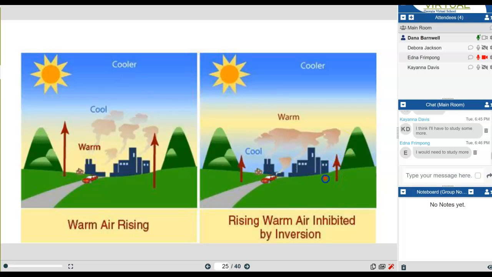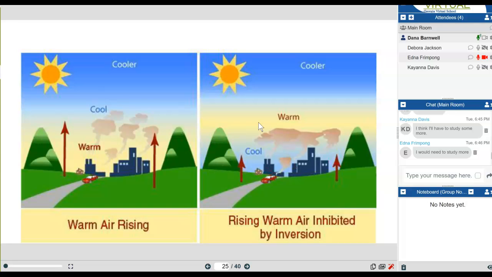What can happen though is that warm layer can start to rise up and settle. It can settle right in here, and in this example they're trying to show you that it's like in a valley. This warm layer almost starts to act like a blanket.